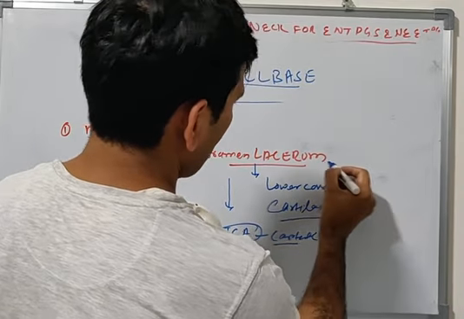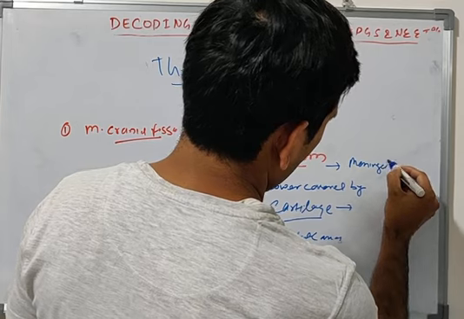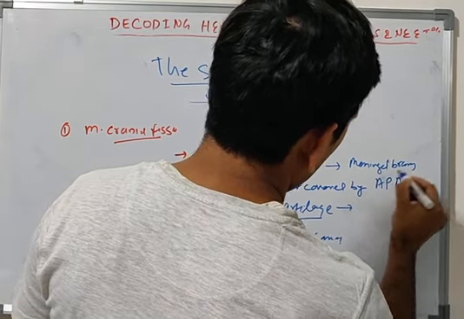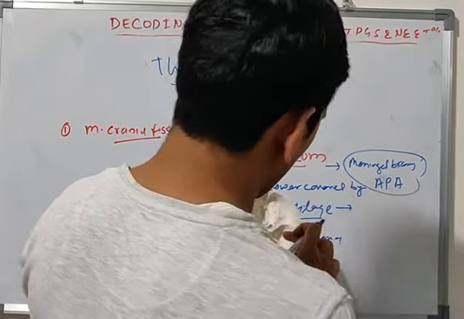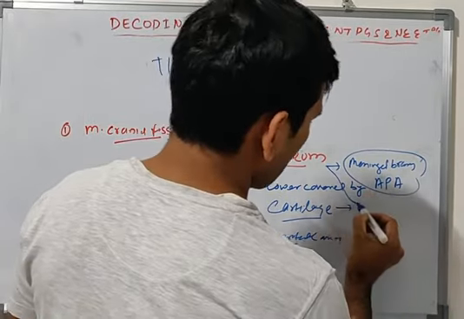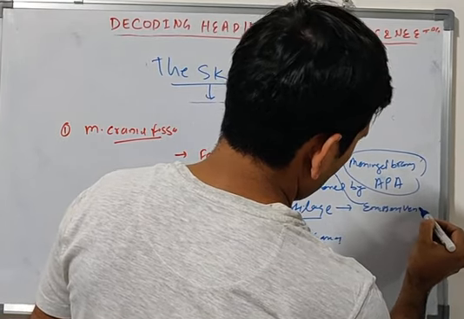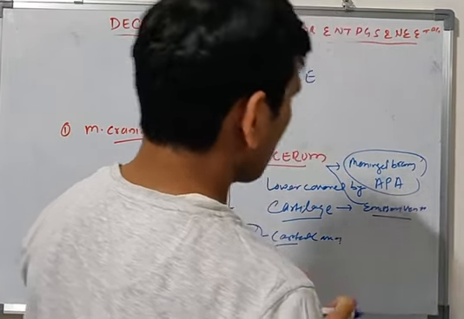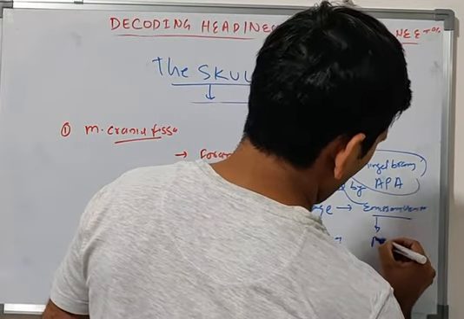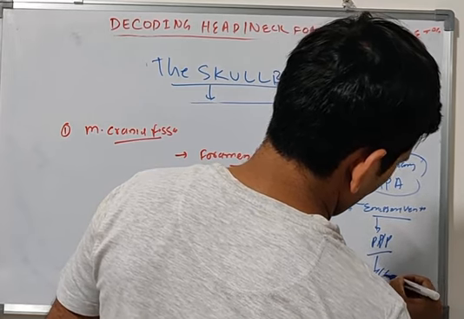Sometimes here you may have the meningeal branch of the ascending pharyngeal artery. Okay, the meningeal branch of the ascending pharyngeal artery may come through this foramen lacerum with some emissary veins, which connect the pterygoid venous plexus to the cavernous sinus.